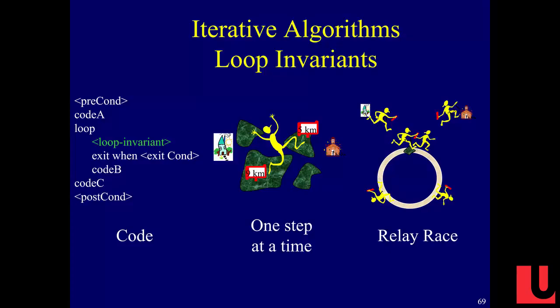Everybody's following this? Right, and then at some point, hopefully, the program stops. At some point, you're down here. And why are you down here? Well, what do you know? You know the loop invariant's true because you maintained it. You know the exit condition's true because you exited. And so you do a little extra work to get your postcondition, right?